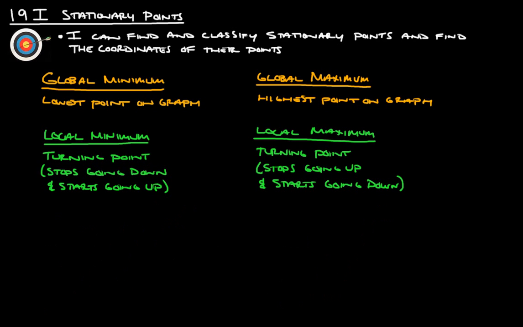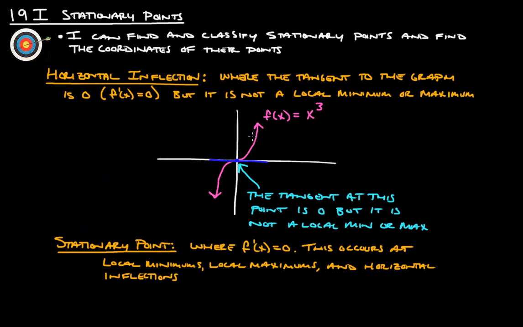Okay, let's take a look at horizontal inflection. This is not something that you can catch. It's not a disease. It's just more great math stuff. So horizontal inflection is where the tangent to the graph is 0, but it's not a local minimum or maximum. For example, this is the graph of f of x equals x cubed.